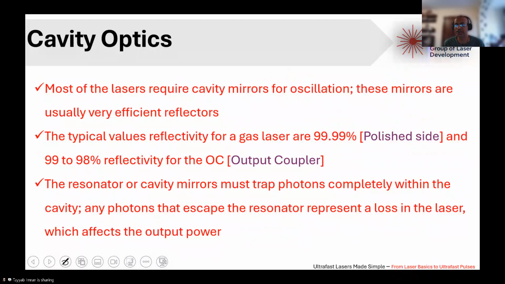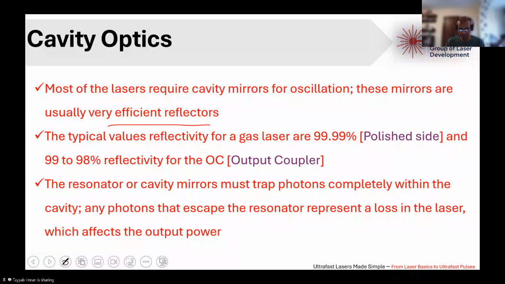As I mentioned, these things were mentioned before as well. These mirrors are supposed to be very efficient, of very good quality. They can be dielectric mirrors and efficient reflectors.